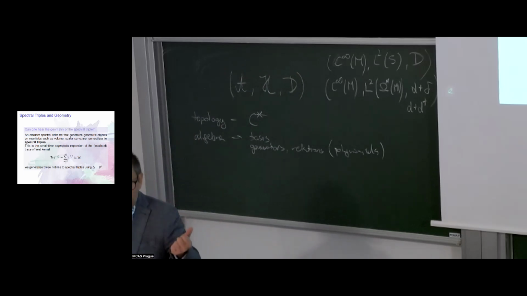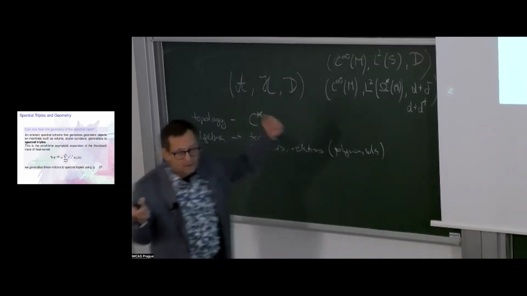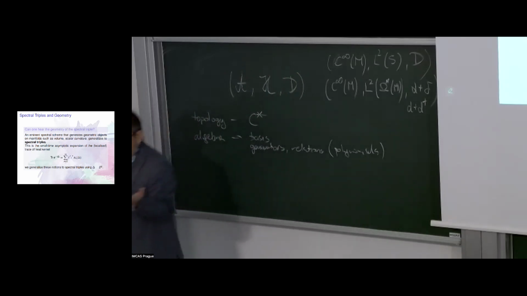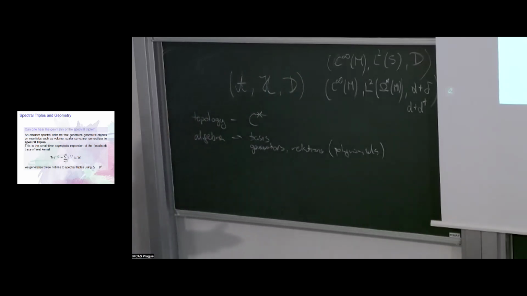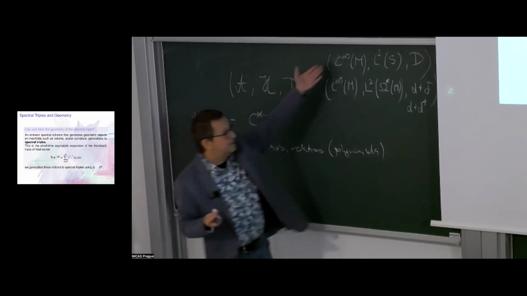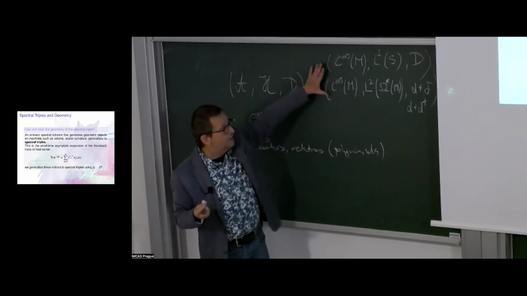You can have the volume element, and you can compute, for instance, the volume of the manifold. Second, if you have a metric, you can compute the Levi-Civita connection, take a square, compute the Riemann tensor, the Ricci tensor, the scalar curvature. So that's doable. So the question is, is it doable just looking at that?